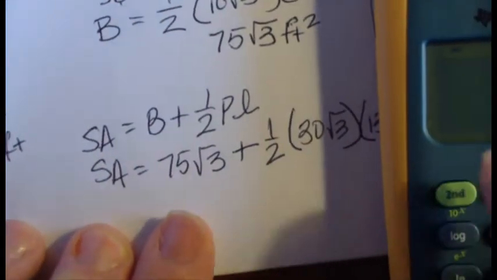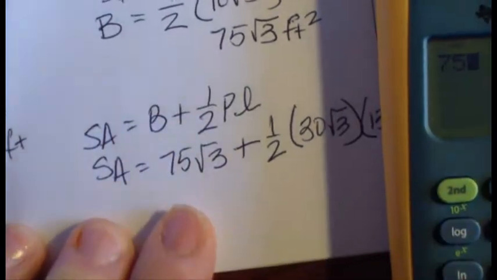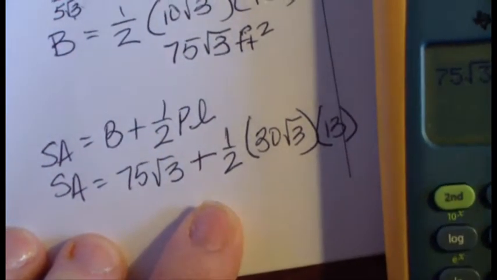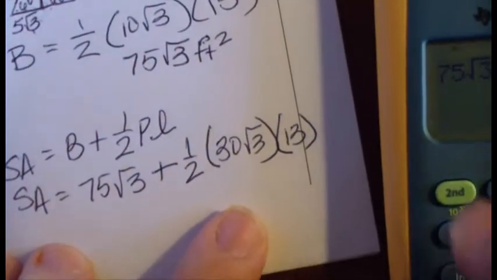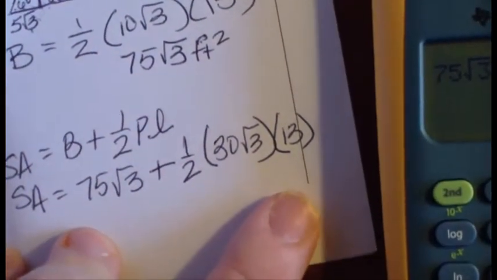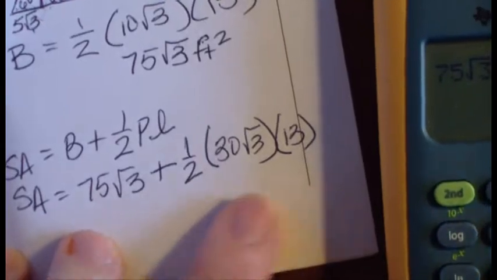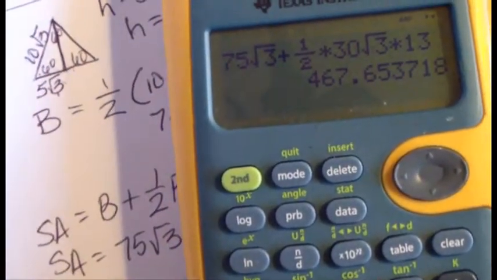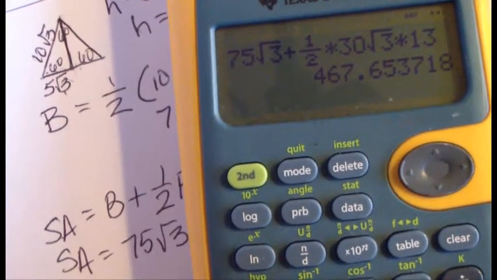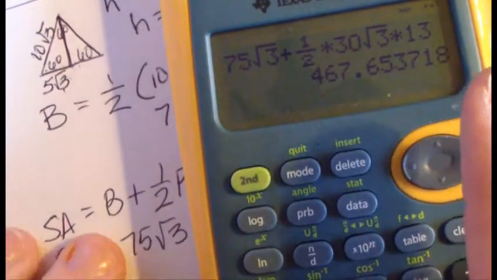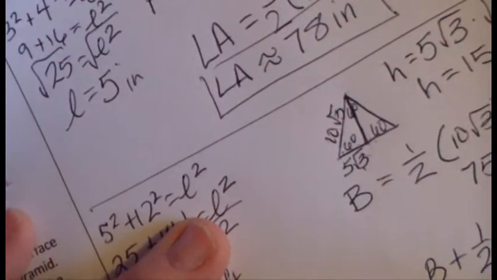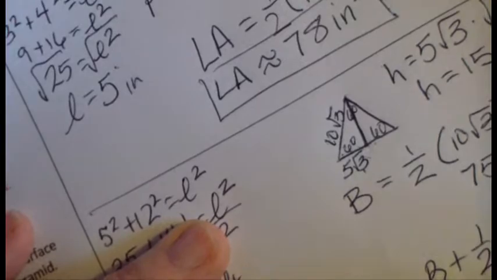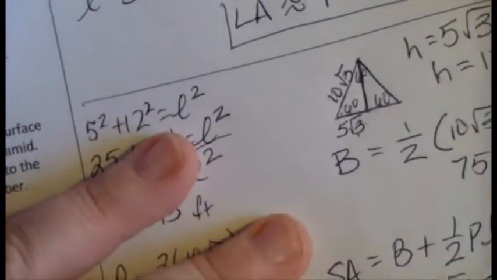So that is 75 square root of 3 plus 1/2 times 30 square roots of 3 times 13. I got 468, and it says to the nearest whole number. So our surface area is approximately 468 feet squared.